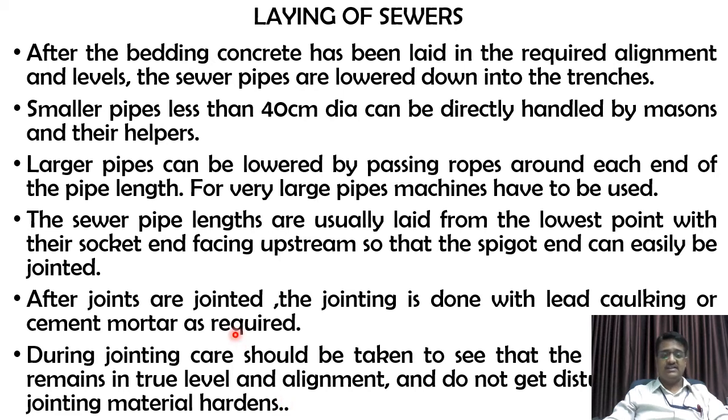So once you lay the pipes, you need to make sure that till the jointing method that you are going to use is foolproof or matured enough, there should not be any movement of the sewer pipelines. That will help us make sure that the jointing and the correctness of the laying is done.